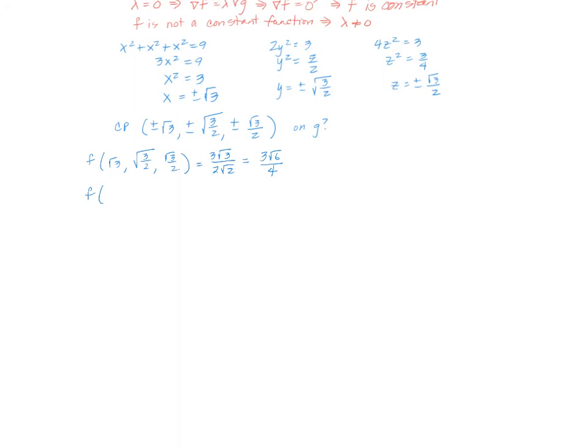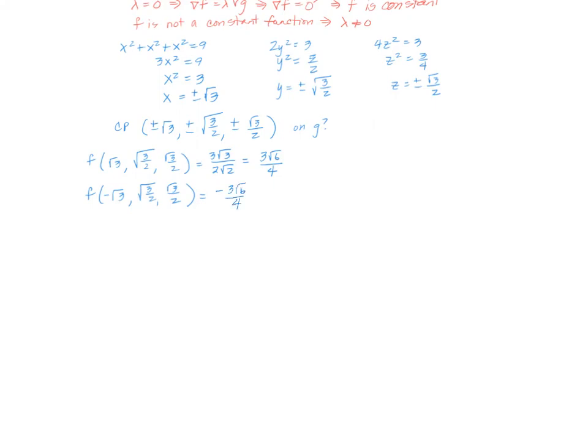For x, y, z to be negative, only one of these needs to be negative. So I'm just going to let the square root of 3 be negative. I'm going to let the other two values be positive. So that gives me a negative x, y, z, which gives me a negative 3 square root of 6 over 4.